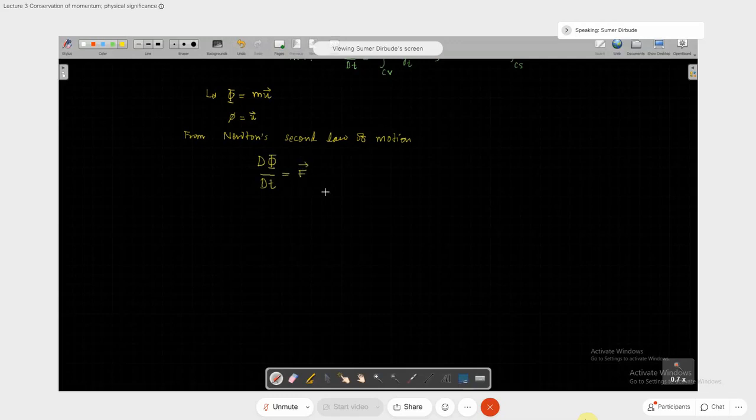And this force is an external force. There are two types of forces. We generally consider F external as body forces and surface forces: F body plus F surface.